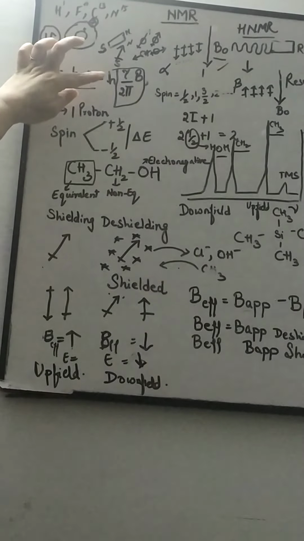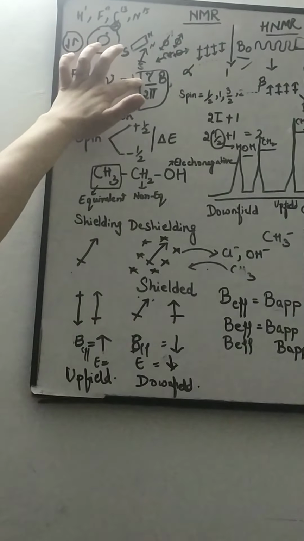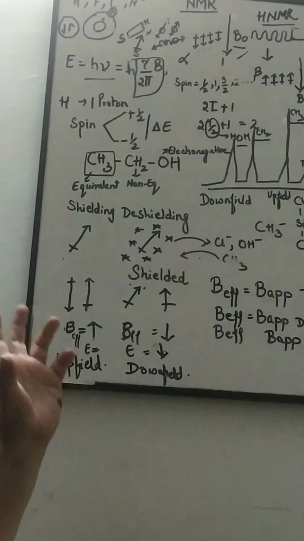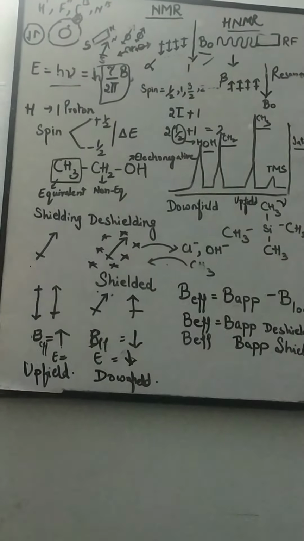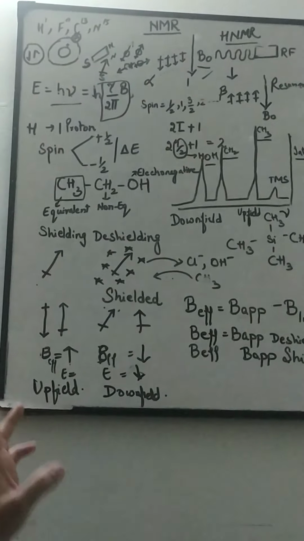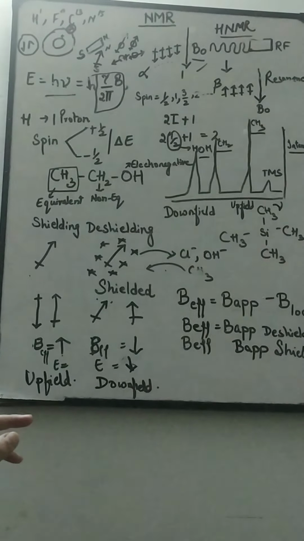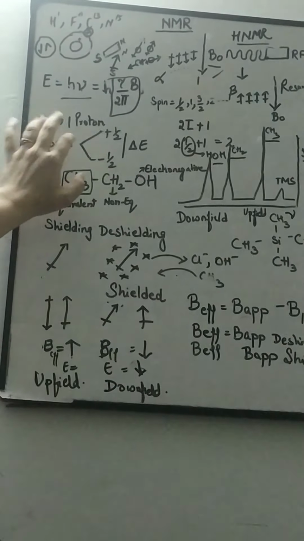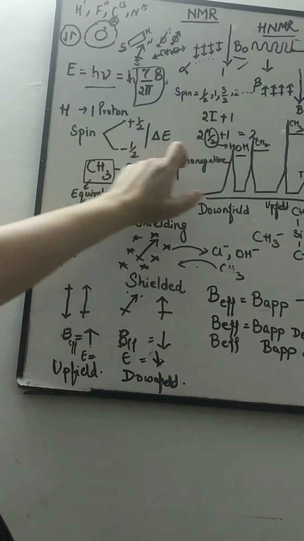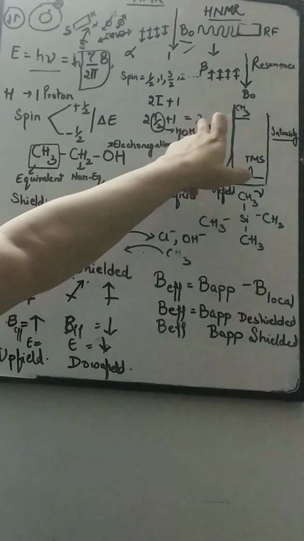For flipping these nuclear particles, gamma is the gyromagnetic ratio, which is the ratio of the magnetic moment of the particular particle to the external magnetic field that is applied. Now, in the case of the proton, half is the spin state, so 2I plus 1 is the number of orientations, that is 2 into half plus 1 is equal to 2.